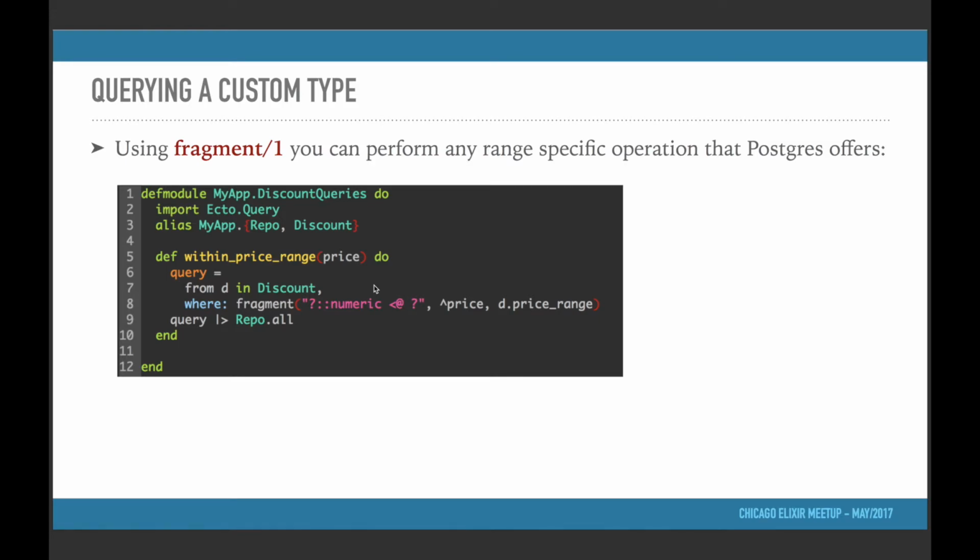How do I query a custom type? Would it not be nice if Ecto allowed you to persist data in a way different than usual, but didn't have a way to fetch the data? So fragment is what Ecto allows you to use to take advantage of any specific database function or statement that's not common in the DSL that Ecto allows you to have.